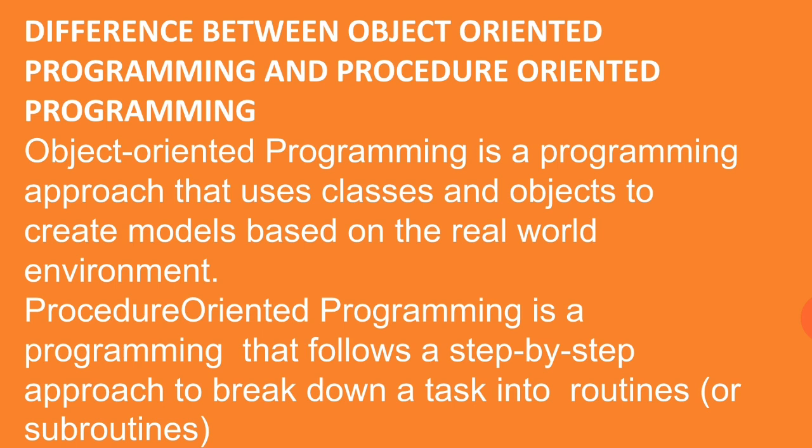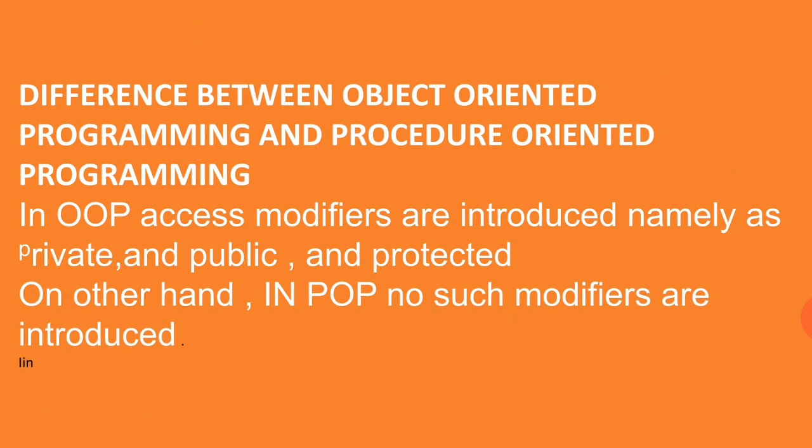It is also called functions or procedures. So you can understand the difference. One place it is function, means in the procedure oriented programming, and in the object oriented programming it is object and classes.